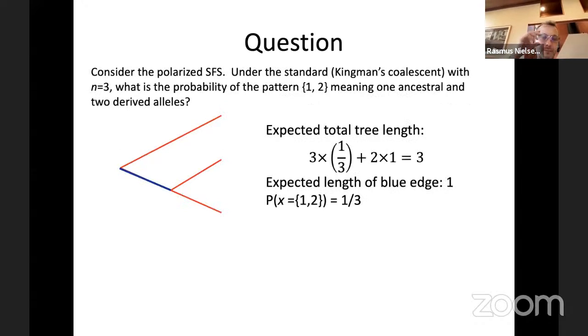All right. So we'll have to be able to calculate the probability of that site pattern. First, we have to realize what probability we need to calculate and how to do it. Well, we need to calculate the expected length of this branch here in a tree.